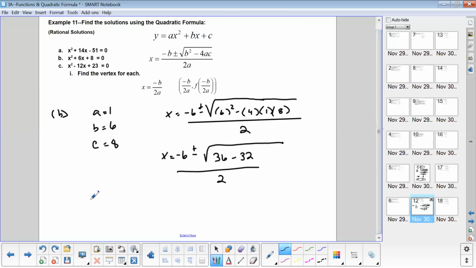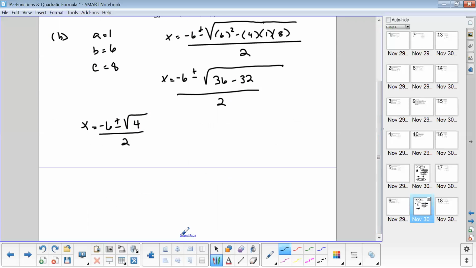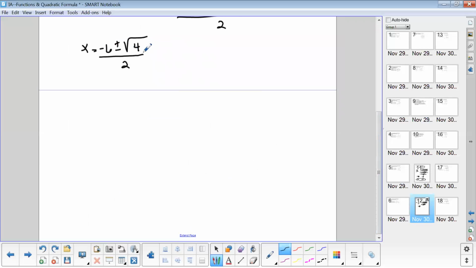So x equal negative 6 plus or minus the square root of 36 minus 32, which is 4. The square root of 4 is a perfect square, so that will become 2. So I'm going to have negative 6 plus 2 divided by 2, and negative 6 minus 2 divided by 2.